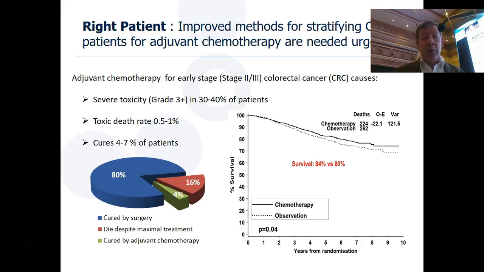And we were the first group to be able to demonstrate this small but important survival benefit for post-operative adjuvant chemotherapy for patients with stage 2 colon cancer. It's a very large study, 3,500 patients, and over the past 20 years, we have randomized about 16,000 patients.